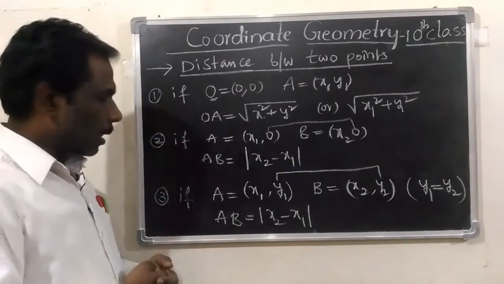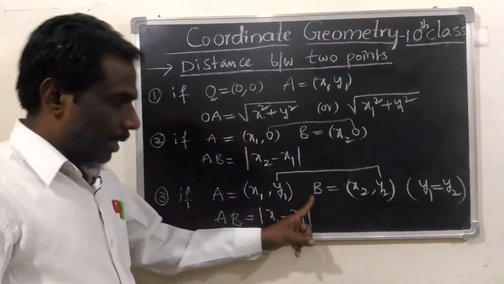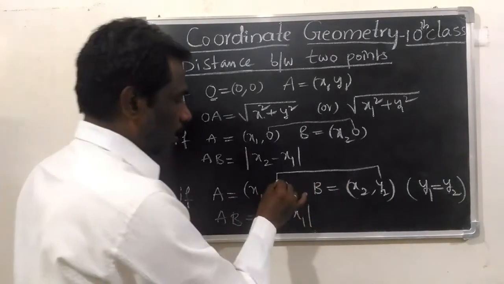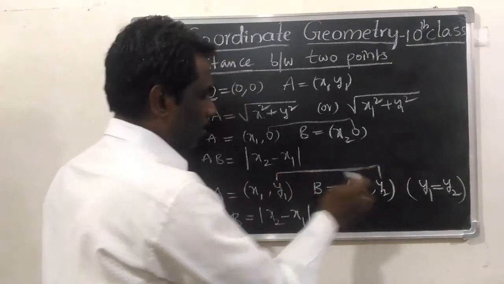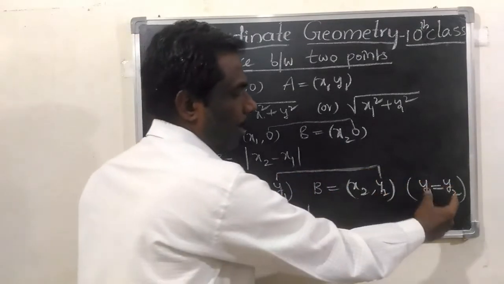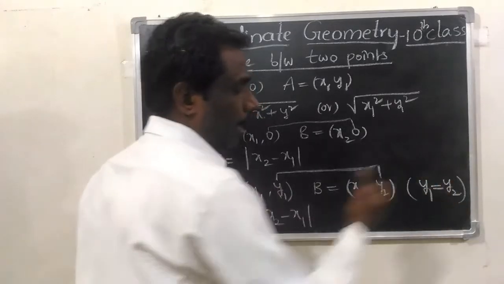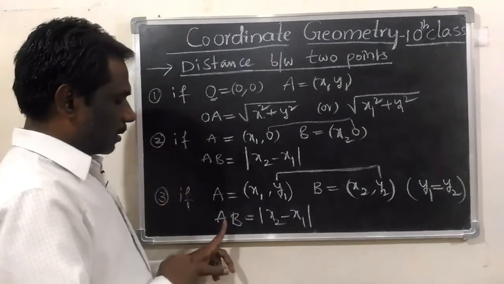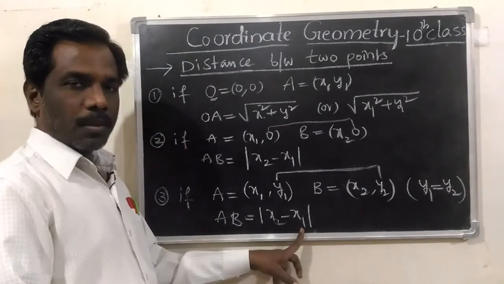And the third formula. If A equals x1, y1 and B equals x2, y2, and if the y1 and y2 values are the same, then use the formula AB equals mod x2 minus x1.